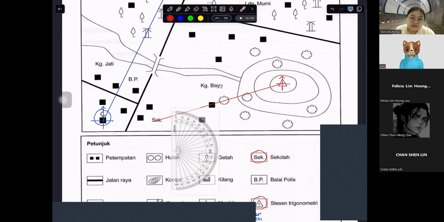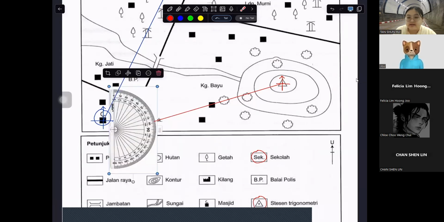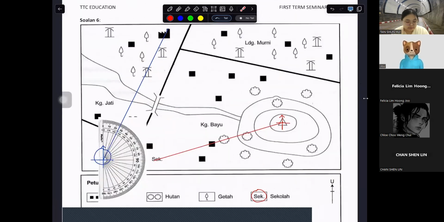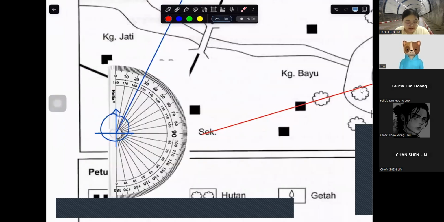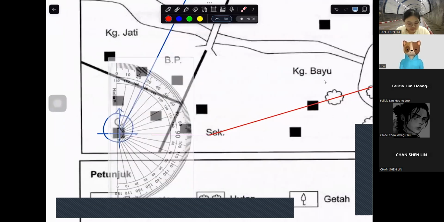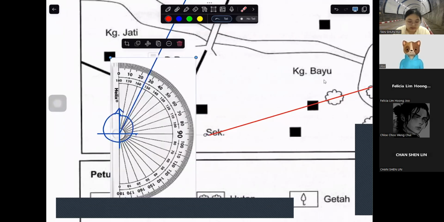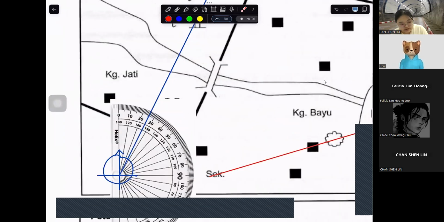Okay, it lags. So you have to put your jangka sudut on top, and make sure the middle center point is exactly on top. Put exactly, and then you start to measure. Remember, always begin from utara and follow clockwise.